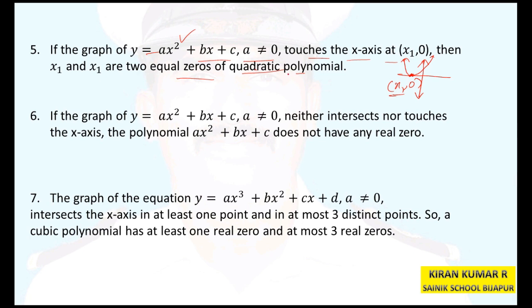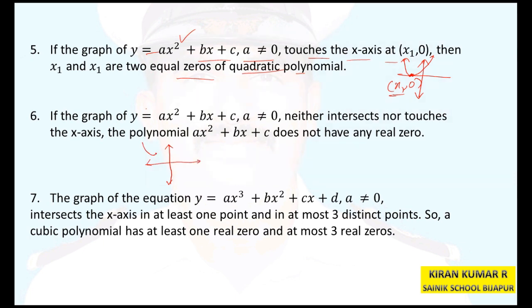Look at point number 6. If the graph of y is equal to ax square plus bx plus c, a not equal to 0, neither intersects nor touches the x-axis, the polynomial doesn't have a real root, a real zero. We have understood this in our previous example.